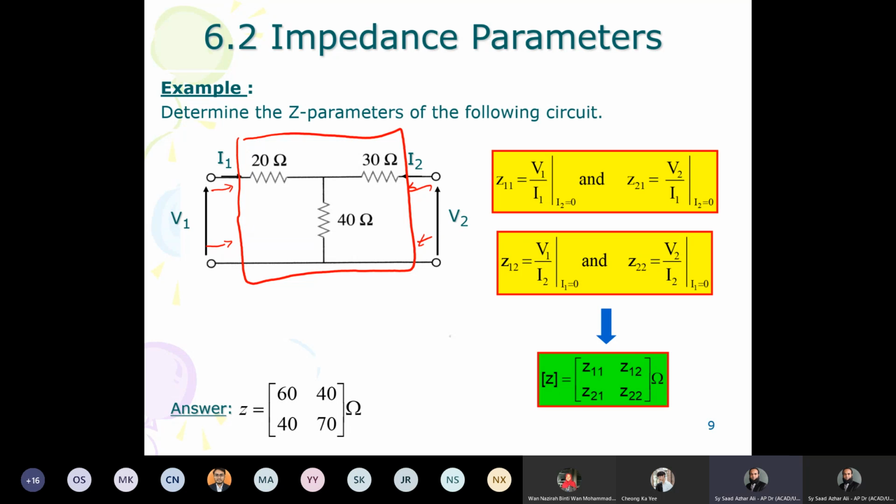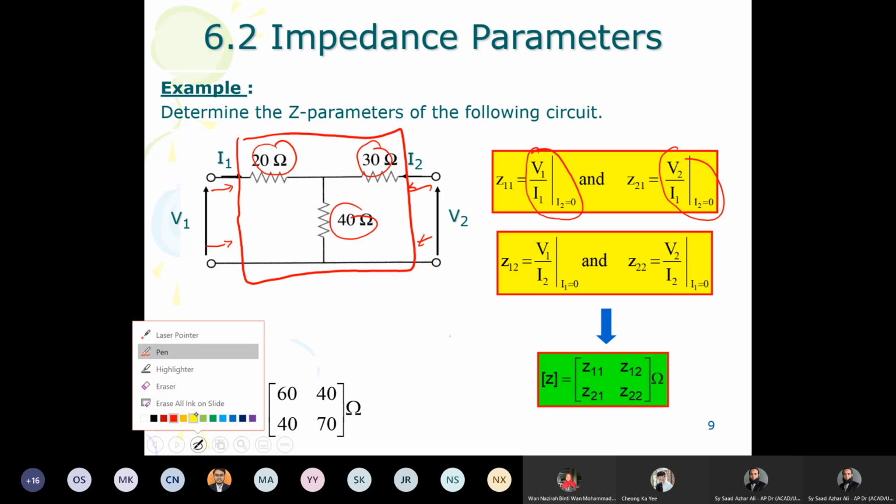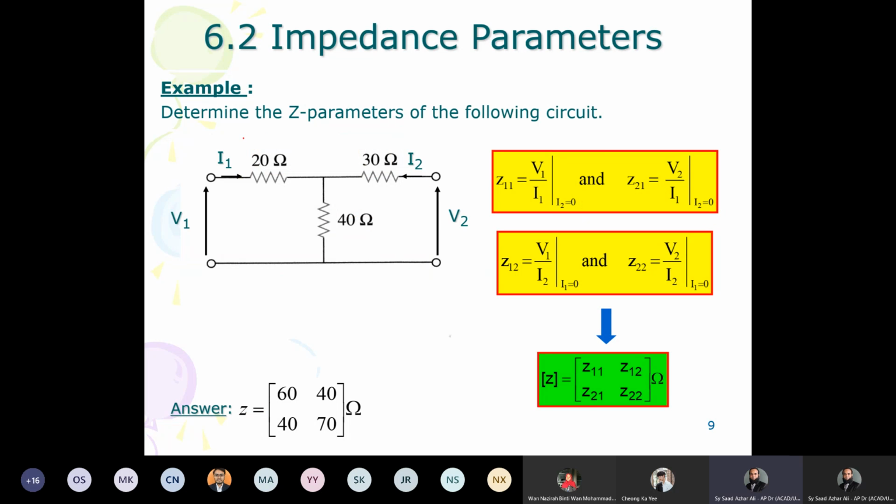Whatever is inside is not always known. That's why we want to find out what Z11, Z12 and all are. Just notice that these are not the impedance parameters. We are finding them using this expression or this expression and so on. Let me just put at least one box. All right, this is the two-port network.